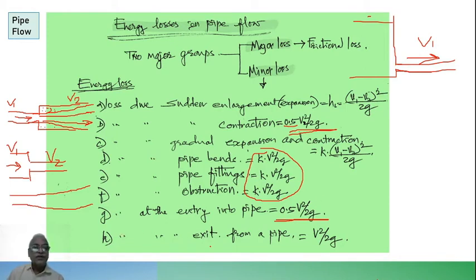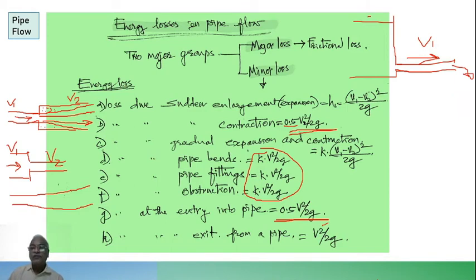Now loss at the exit from a pipe means, suppose here there is an end of a pipe, the velocity is V. When it comes out, it will possess some velocity V, so the energy will be V squared by 2g. But when it comes out, all that energy is gone, right?